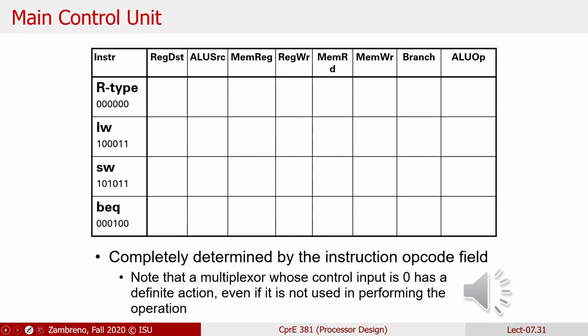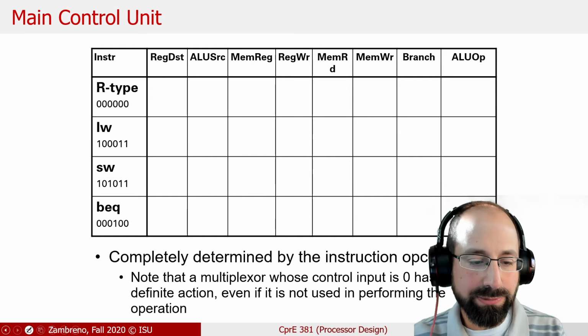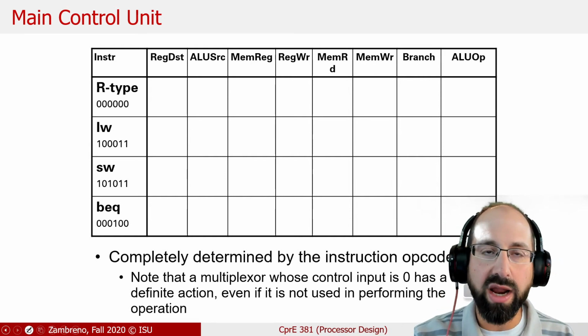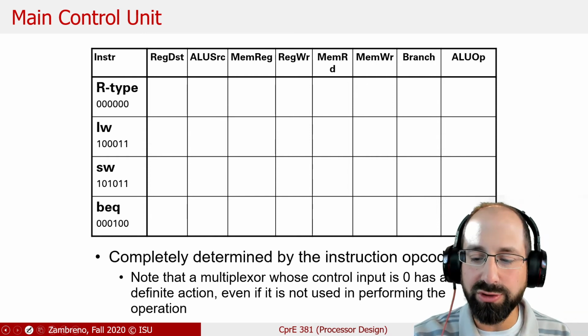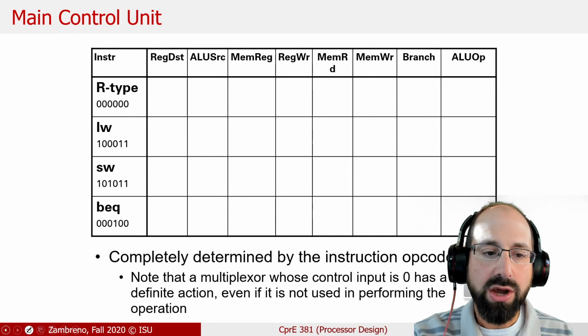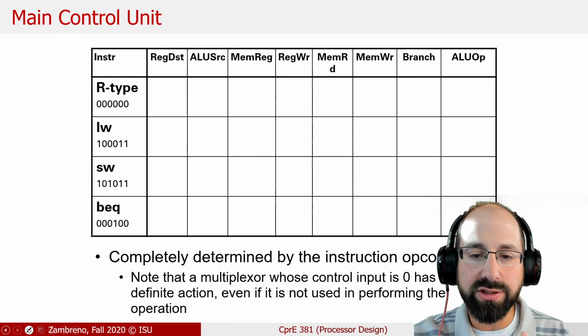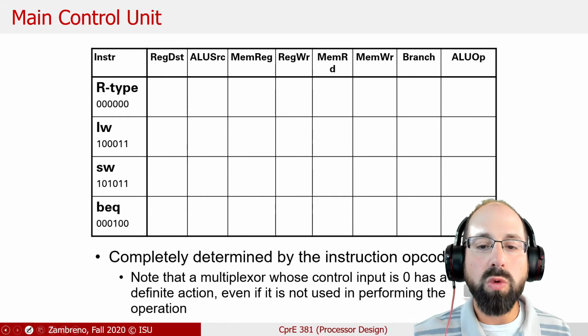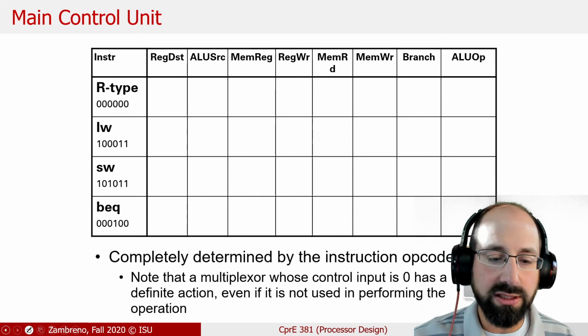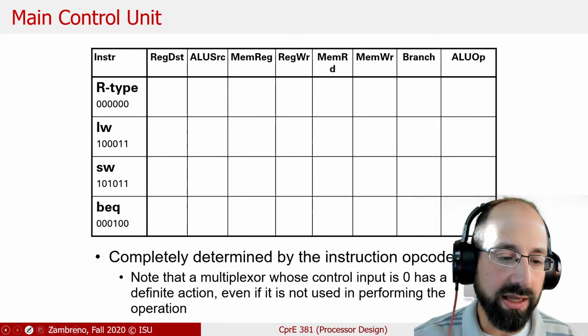Yours will have more columns and more rows, but conceptually it's doing the same exact thing, right? So for the main control unit, which again we'll probably just have one control unit, but ignoring the ALU side, we should be able to figure out, given what is in those 6 bits of the opcode, what the value of all those signals should be.